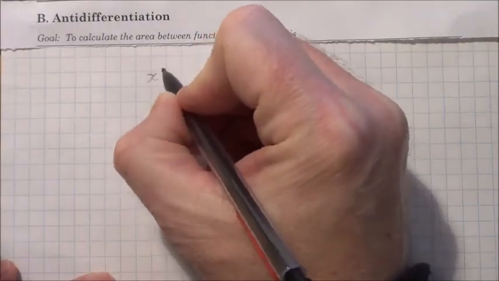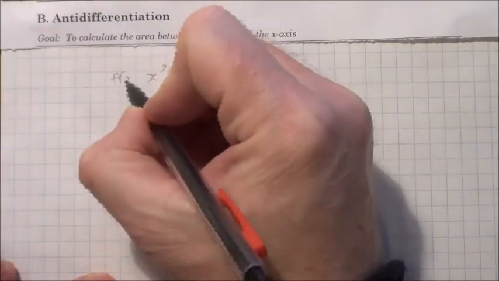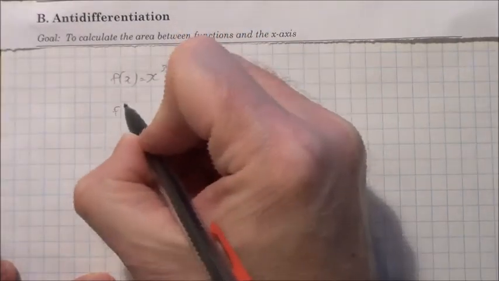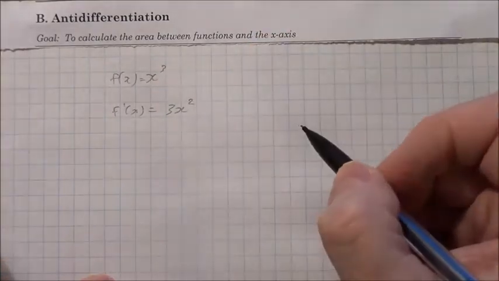So we've looked at functions in the past like this, say x cubed, and so f of x equals x cubed. Then f prime of x would be 3x squared.